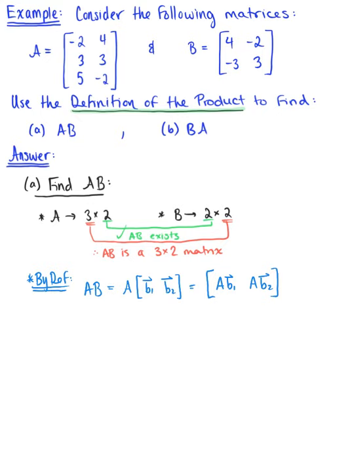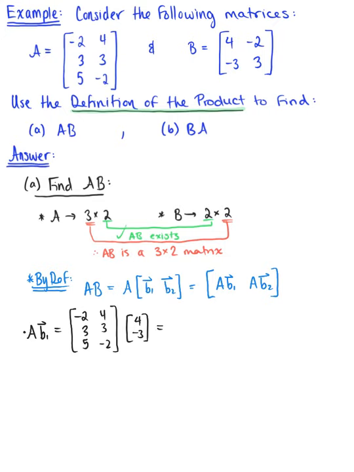So that's what we need to do here. Let's find each one of these column vectors. First we need to find matrix A times vector b sub 1. Matrix A is given to us: -2, 3, 5, 4, 3, -2. This is multiplied by the first column of matrix B, 4, -3.